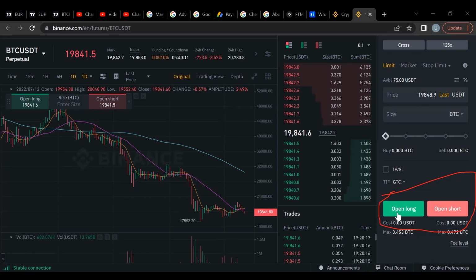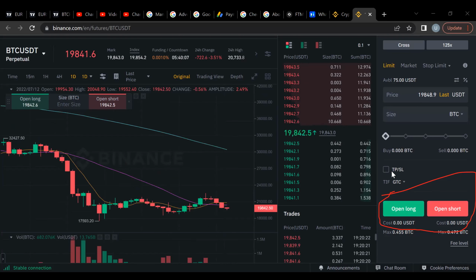Now, if you are longing, it's not as if you are buying Bitcoin, but you are predicting that the price of Bitcoin is going to go up from this current price. Right here is the current price.